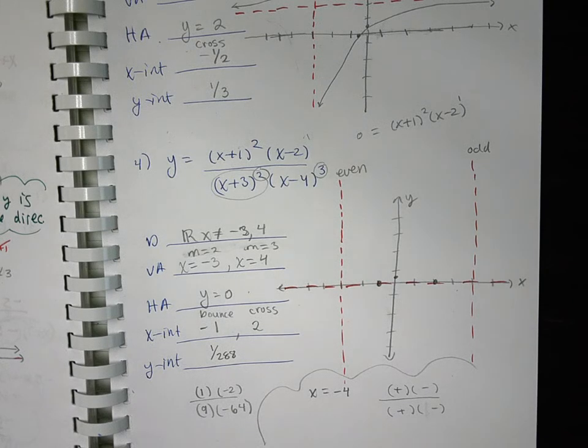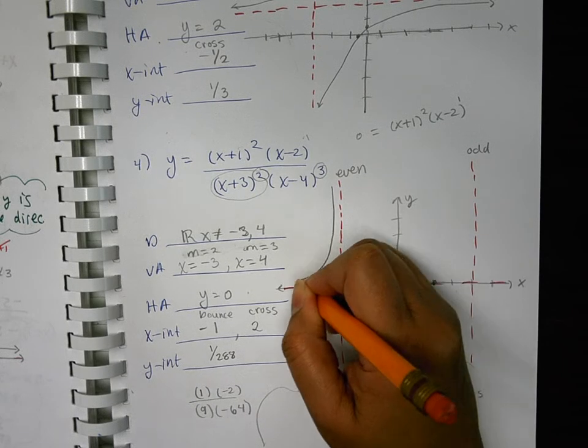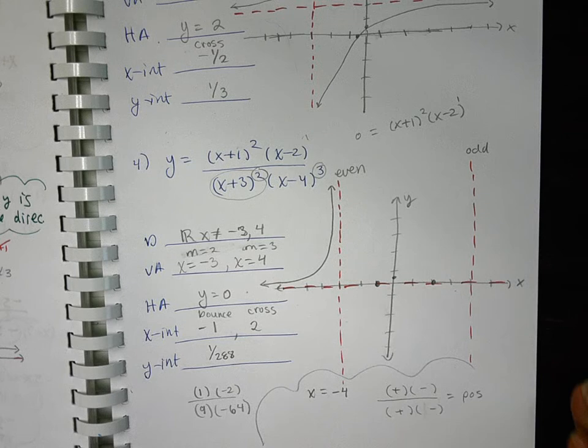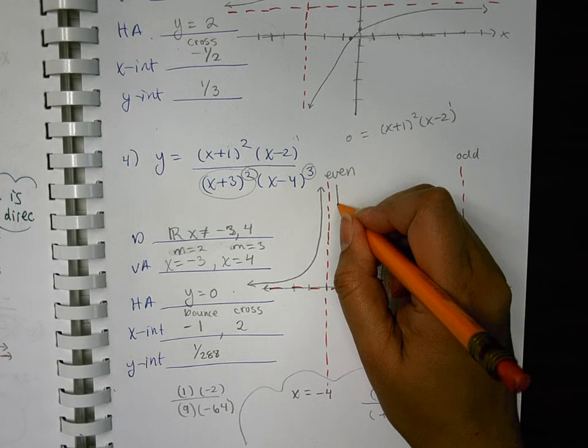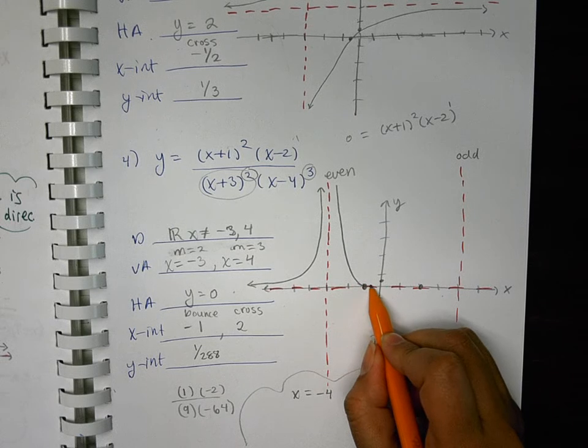What do you have? Does it come out to be positive? All right. Okay. And then even means opposite or same? Same. So I come here, and what do I do with that? Bounce.